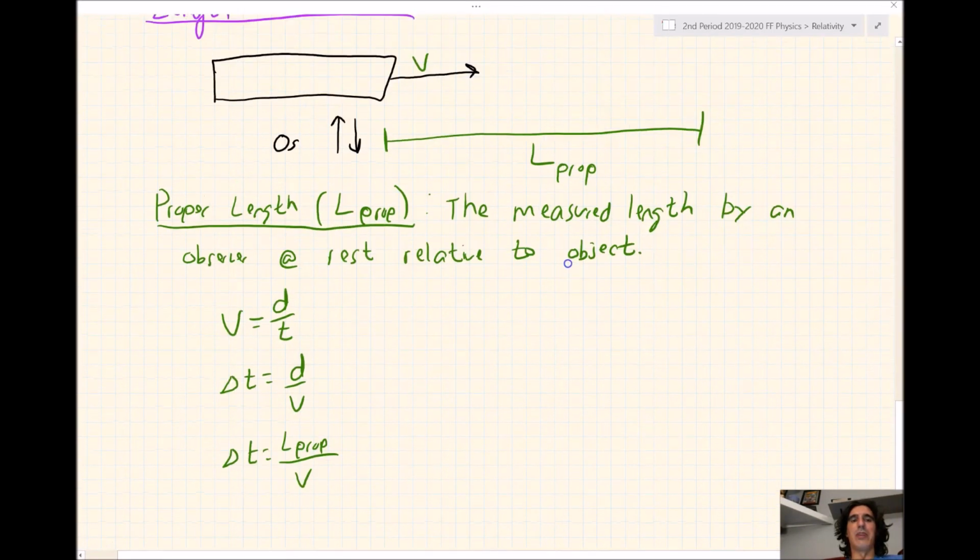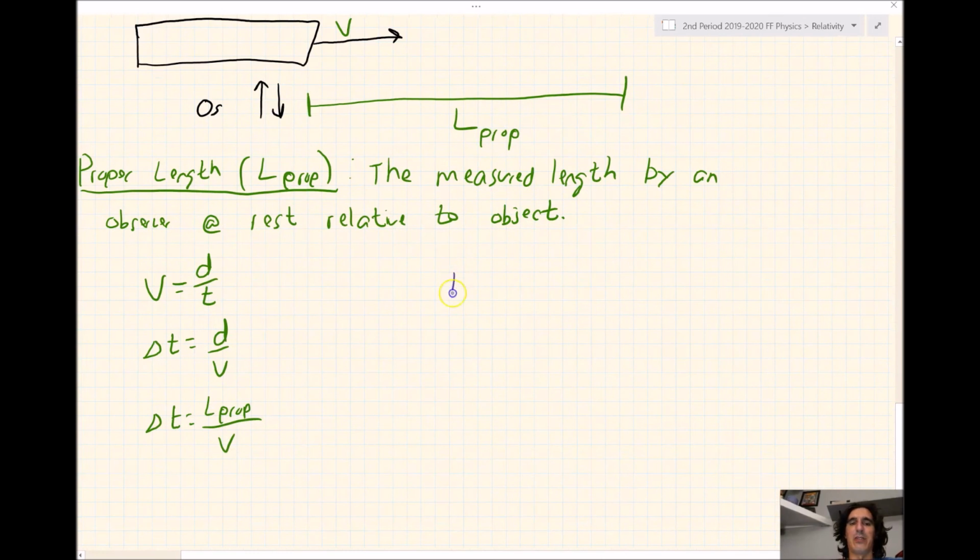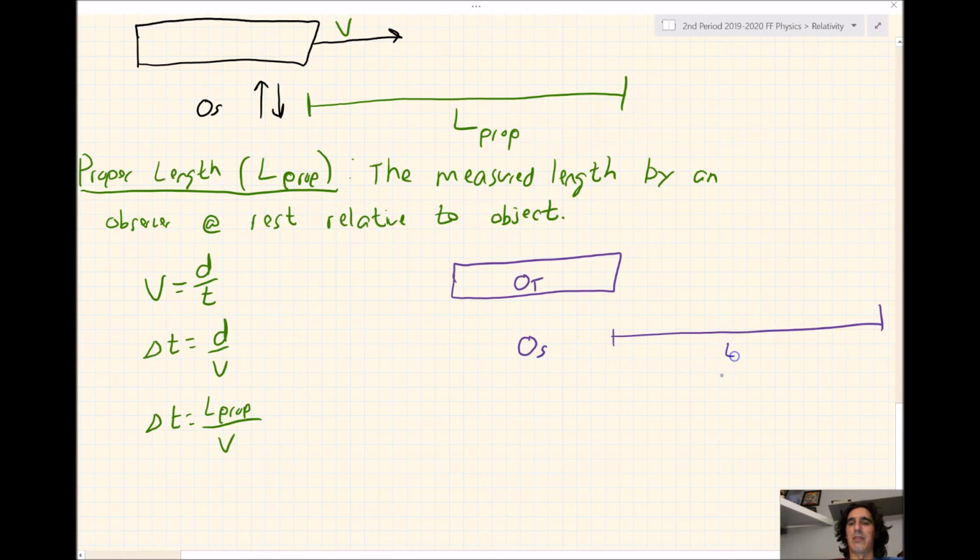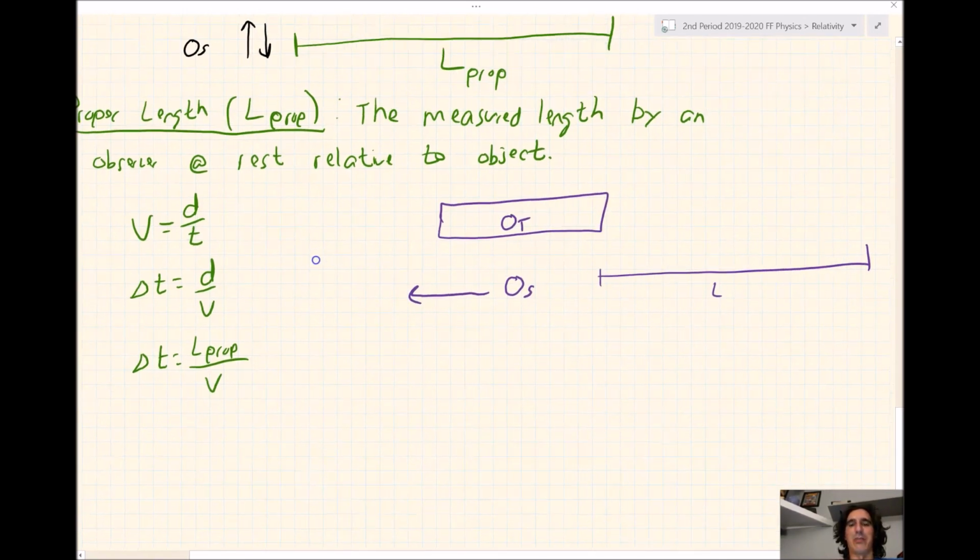Now what we have to do is look at the motion of the train from the person's perspective inside the train. So let's redraw the picture. Inside the train, we have our observer, and the stationary person, and I guess we could say the proper length, are moving away from the person in the train, or to the left of it, so in the opposite direction.